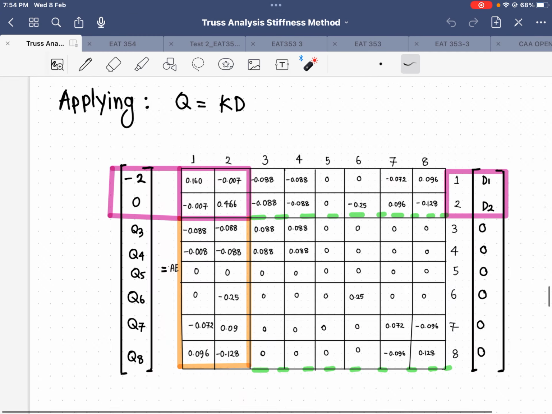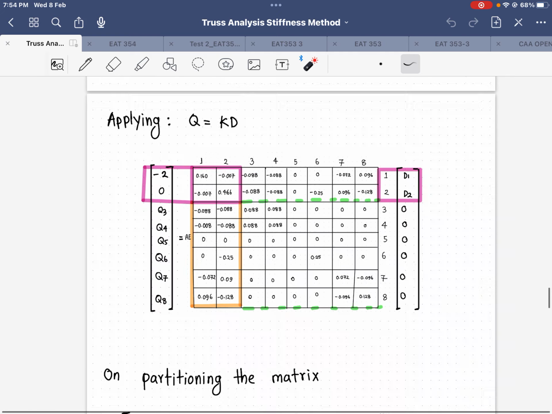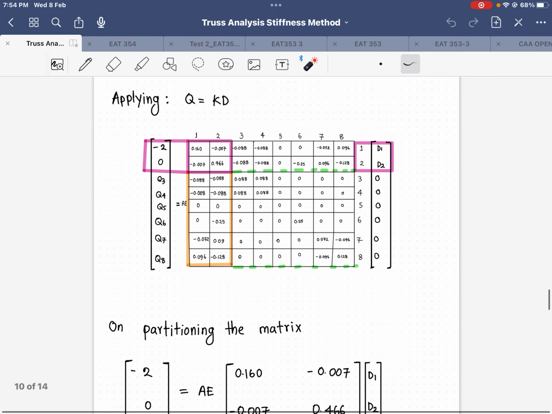I had q1 and q2, so by using this value and doing the partition I got d1 and d2, right? In this case, I don't have q3 to q8, but I have the displacement values 0, 0, 0, 0 and 0. So I will do the partitions to get q3, q4, q5 and q6, the same way.